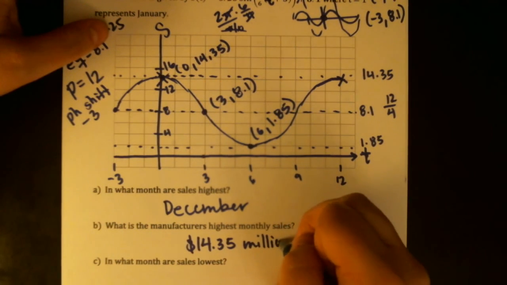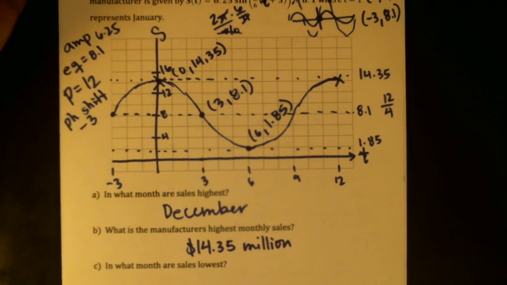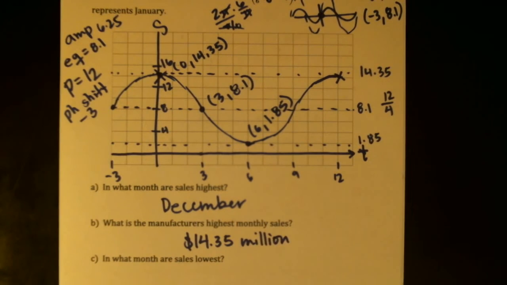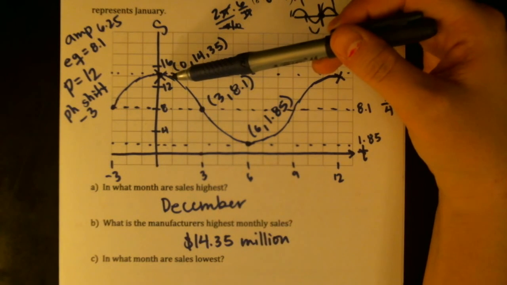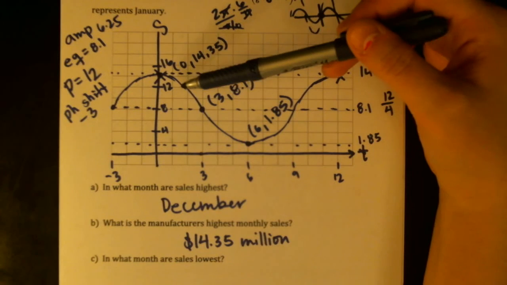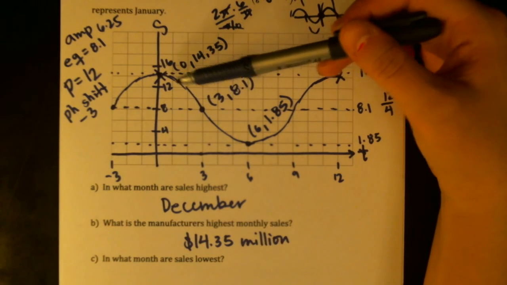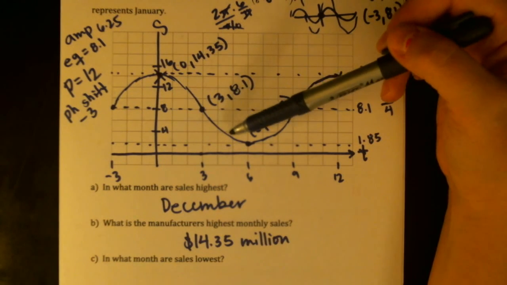So again, if you've correctly labeled your graph, you should be able to just pick this answer off without working too hard. Next question is, in what month are sales lowest? So let's see, I have to count, make sure I'm not messing up. January, February, March, April, May.